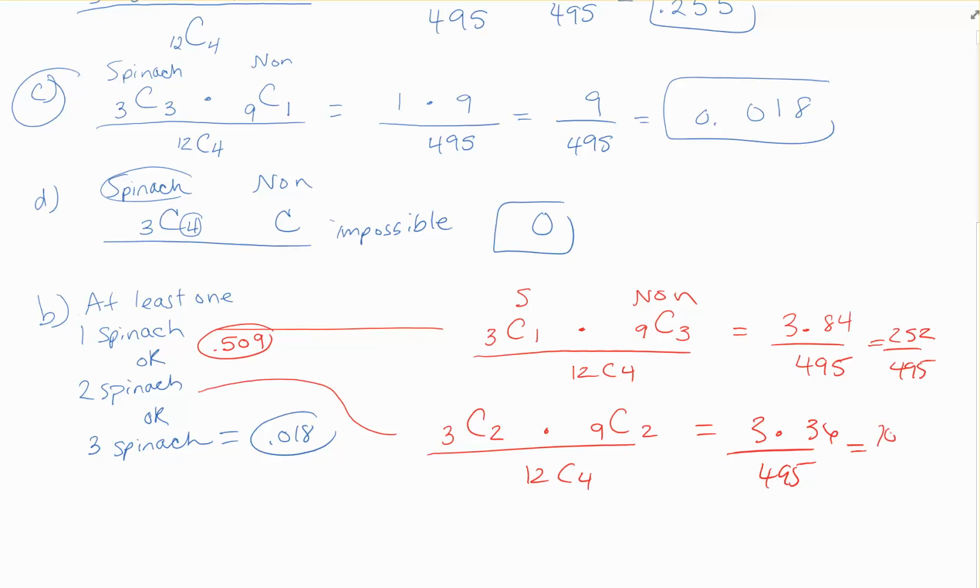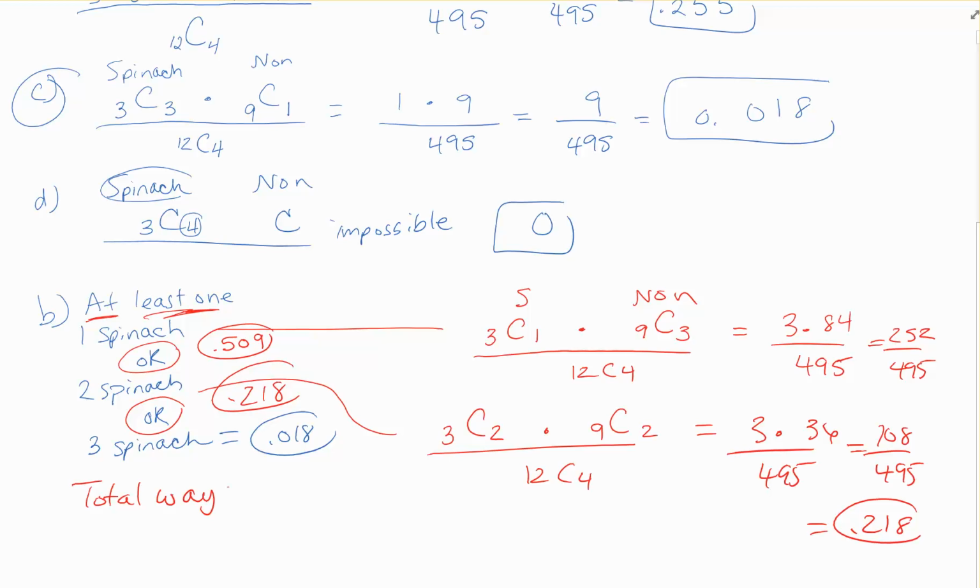So this is 108 divided by 495, and that's 0.218. Since this is an event where we're wanting to find the probability that at least 1 occurs, then in this situation we can add these probabilities to find the total ways, since this is an OR. So add up all of those answers to find the total result. So this gives you 0.745.